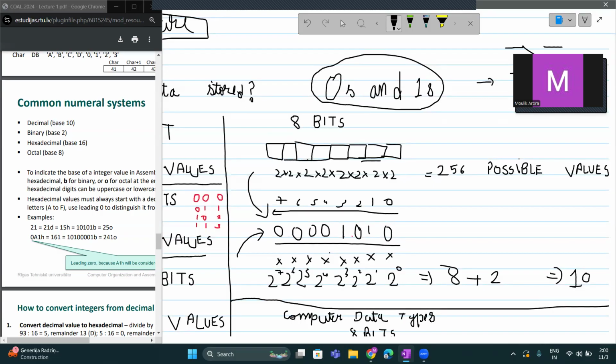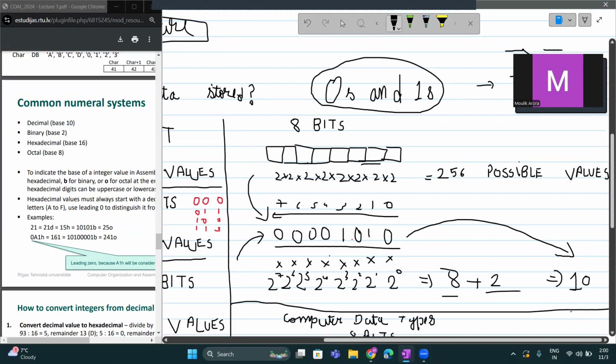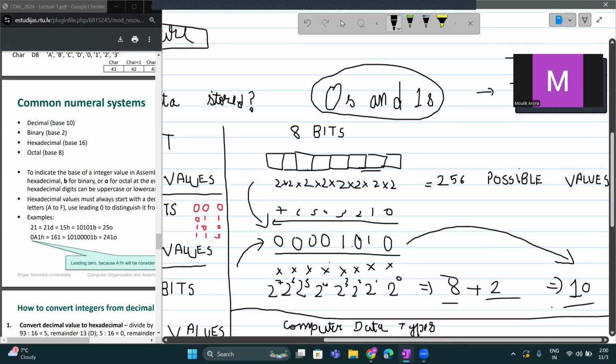So 0 times 2 power 0, 1 times 2 power 1, 0 times 2 power 2, 1 times 2 cube, and so on. The first value is 1 times 2 cube, that's why we wrote 8 here, and the second value is 1 times 2 power 1, so we wrote 2 here. This binary value can be changed into what we know, which is 10.